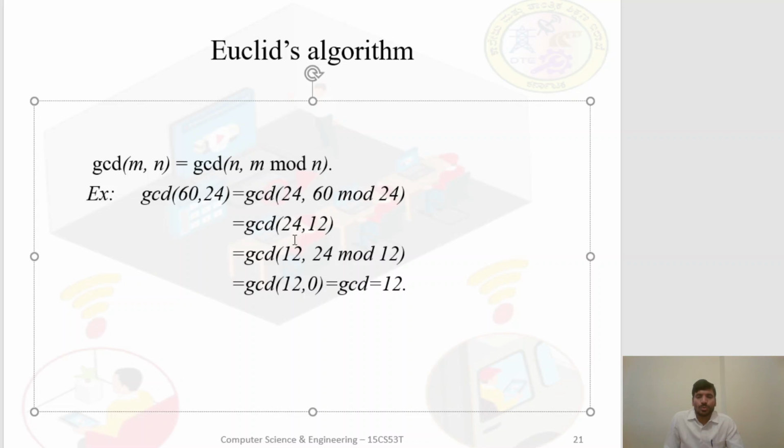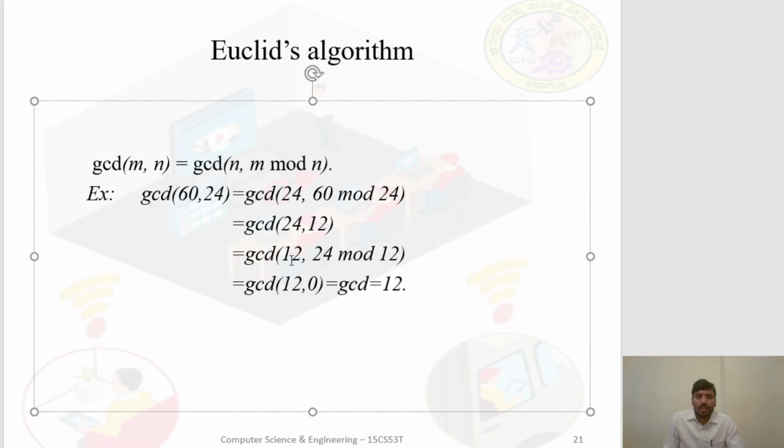What is the remainder? The result is 12. That is the first iteration result. Next iteration, the values of m and n: m is 24, n is 12.